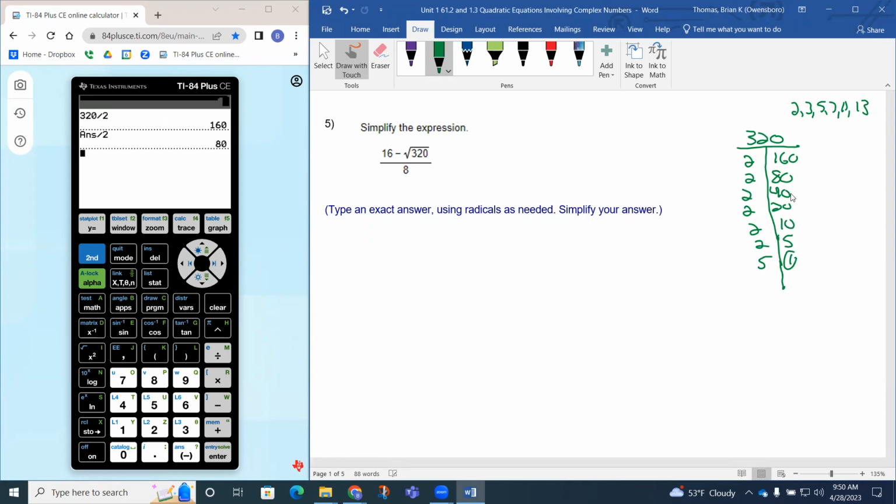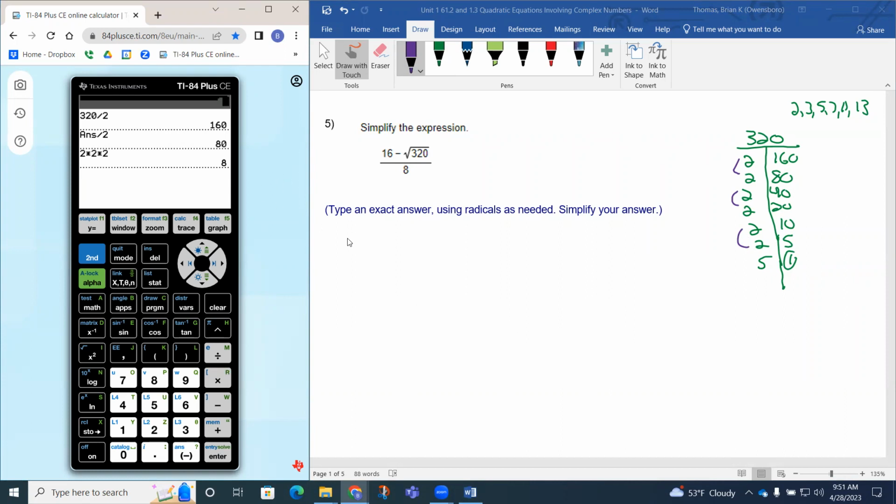So we're going to rewrite the square root of 320 by this. Now, instead of doing all this, I'm going to just keep it over here in my little chart. So for every pair, that means a 2 comes out. So 1, 2, 3 2s come out. So if I multiply 2 times 2 times 2, because each one of those is connected by multiplication, that gives me an 8.